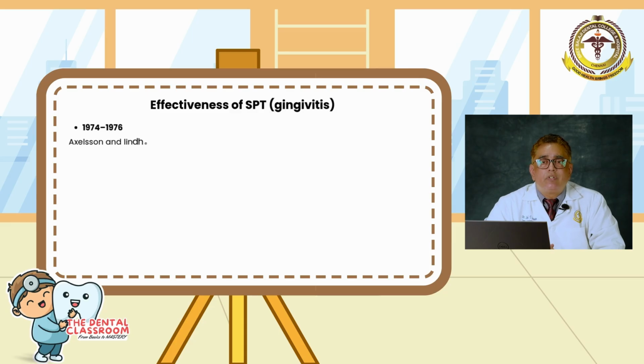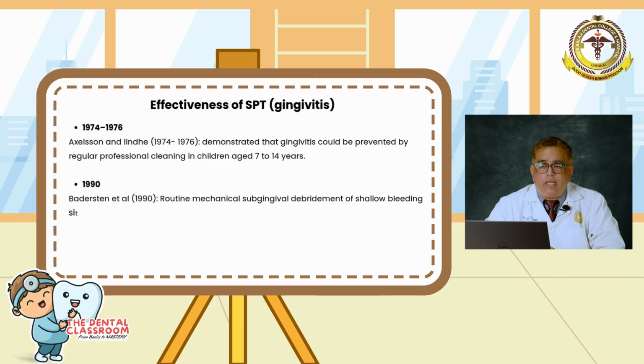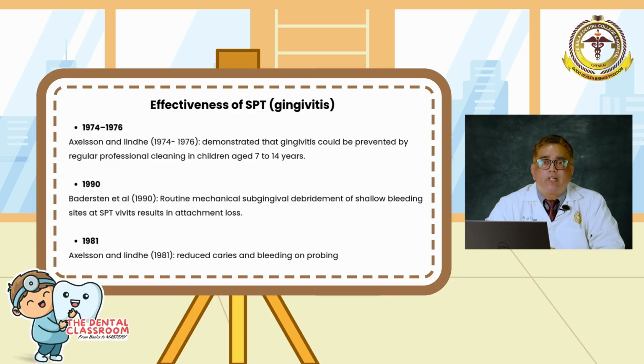What is the effectiveness of supportive periodontal therapy in case of gingivitis? In 1974, Lindhe demonstrated that gingivitis could be prevented by regular professional cleaning in children aged 7 to 14 years. Axelsson et al. in 1990 followed, stating that routine mechanical subgingival debridement of shallow bleeding sites had to be done in case of attachment loss.